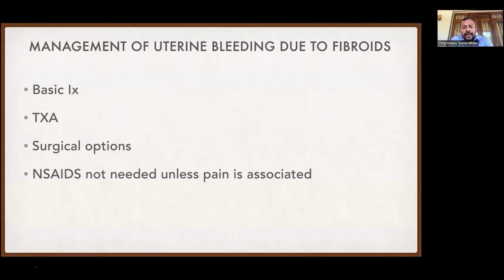Some doctors start someone with a fibroid on a cocktail, like mefenamic acid 500 TDS and tranexamic acid 500 TDS. Actually, if it is purely a fibroid, the usual guidelines don't recommend the NSAID because there's no real necessity.